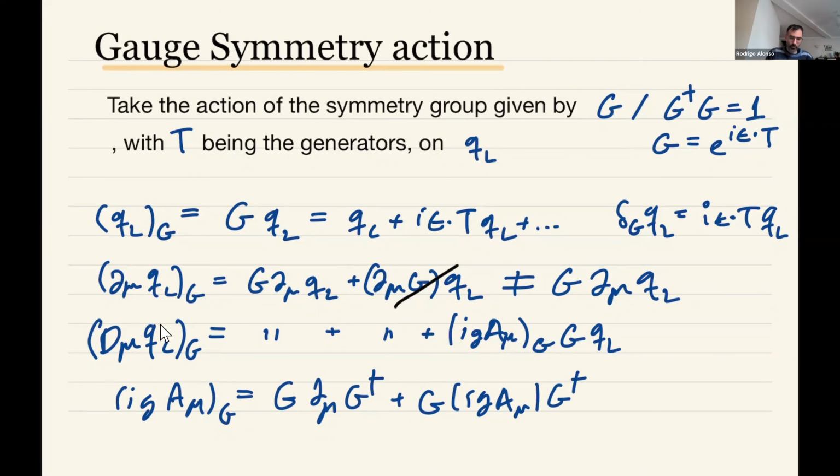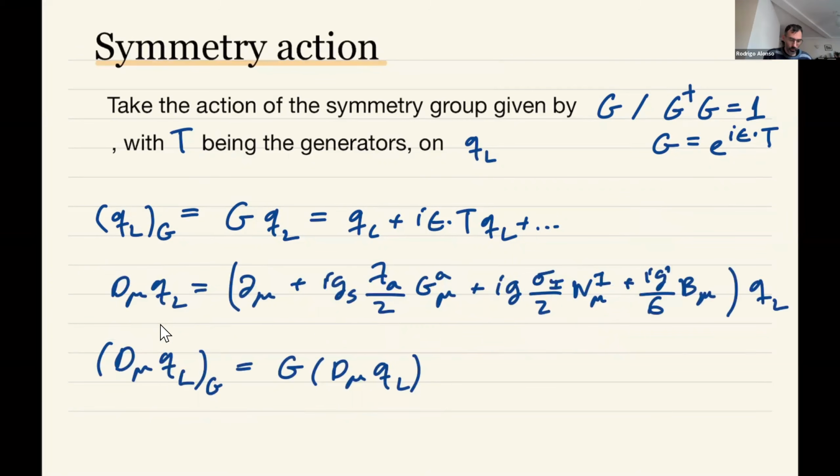What this ends up looking like, for a gauge group that we specify later, is a covariant derivative acting on that quark triplet: the ordinary derivative, then, as this quark triplet is a fundamental under color, the Gell-Mann matrices for SU(3) with the gluons and the strong coupling that we call g_s.